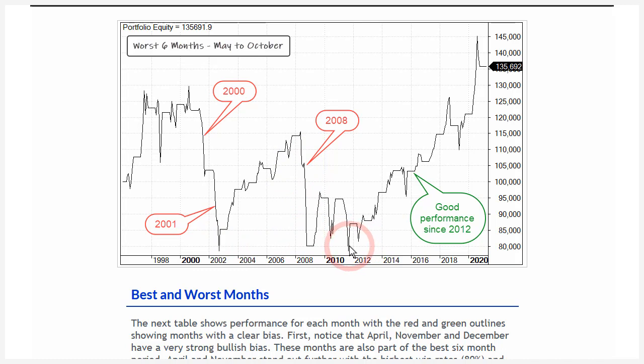But in 2011, this is clearly the worst 6 months. But look what's happened since 2012. The worst 6 months has been performing quite good. It's not keeping up with the best 6 months. I tested it from 2012 onwards, and the best 6 months is still outperforming the worst 6-month period.